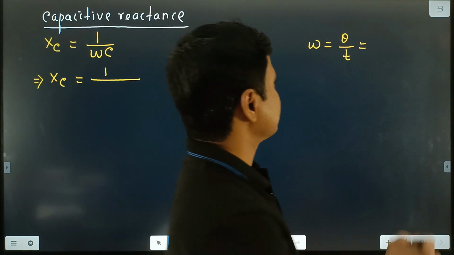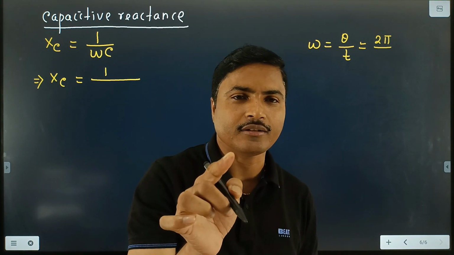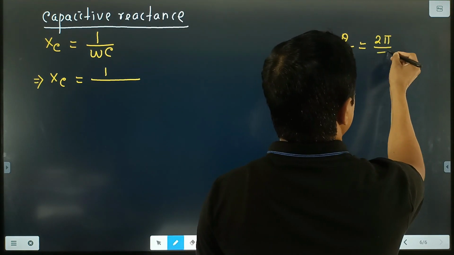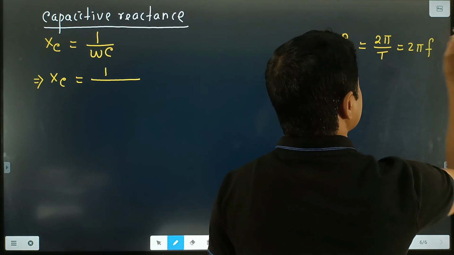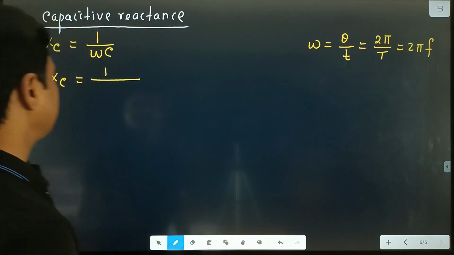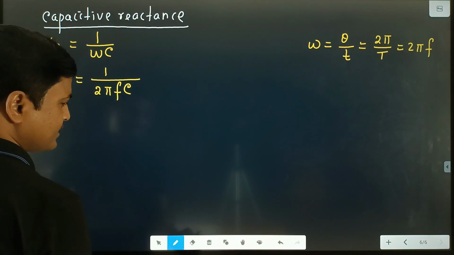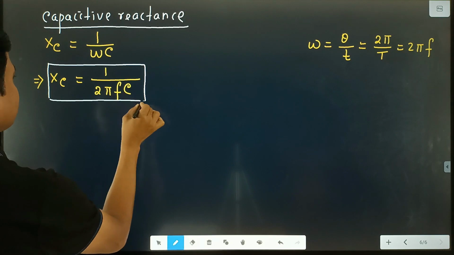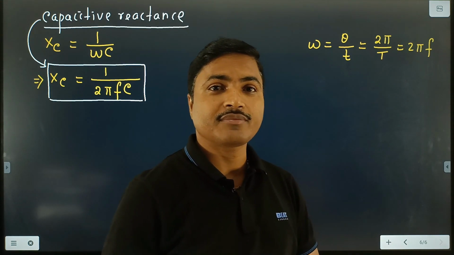So angular displacement is twice pi, divided by the time taken for one complete cycle, which is known as the time period T. So omega is twice pi times 1 by T, and 1 by T is the frequency. That means in place of omega, we write 2 pi f. So XC is 1 divided by 2 pi f multiplied by C. This is the mathematical expression of capacitive reactance.